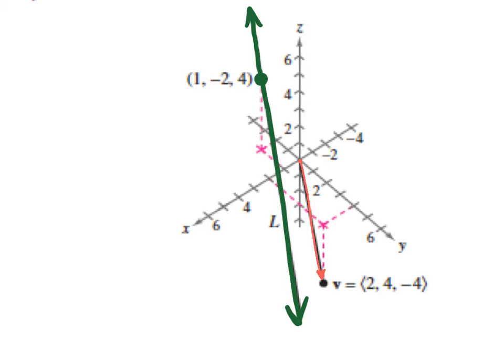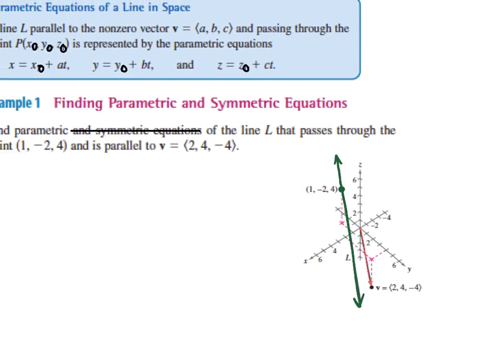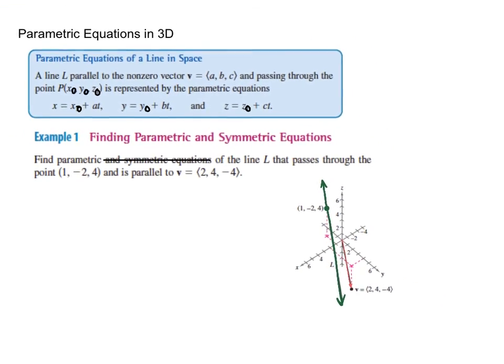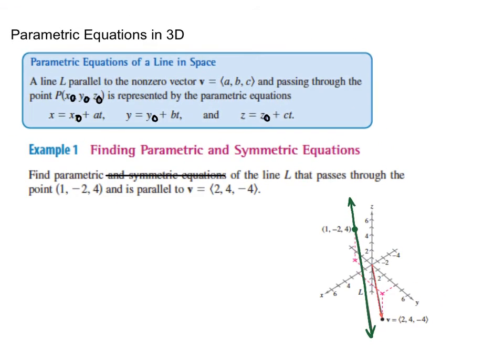Okay? So, what we are going to do is use both a vector equation and a parametric equation, or set of parametric equations, in order to do this. So we're going to kind of develop this over the next couple slides here. All right, so first of all, let's start with the parametric equations.